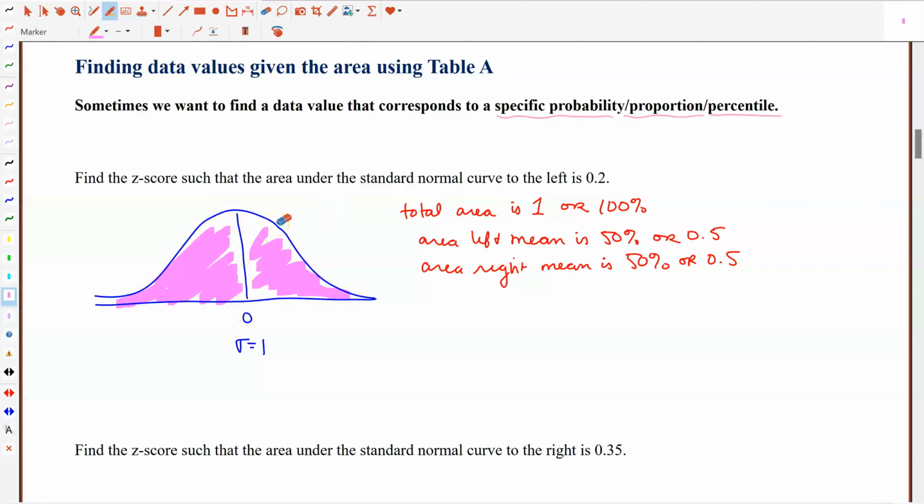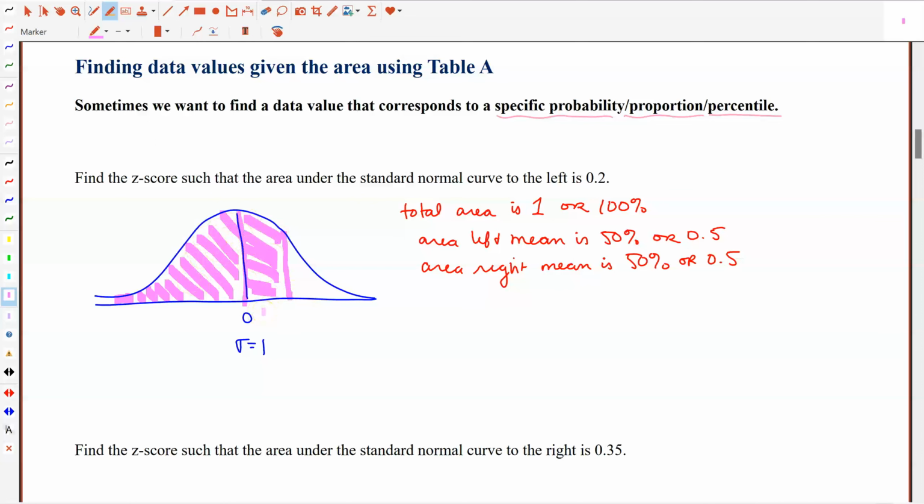Since table A always gives me area to the left, if I am given an area that is bigger than 50%, I know I'm going to be over here, right? Because 50% is from my mean left, and if I'm looking at a value bigger than 50%, I have 50% plus a little bit more area.